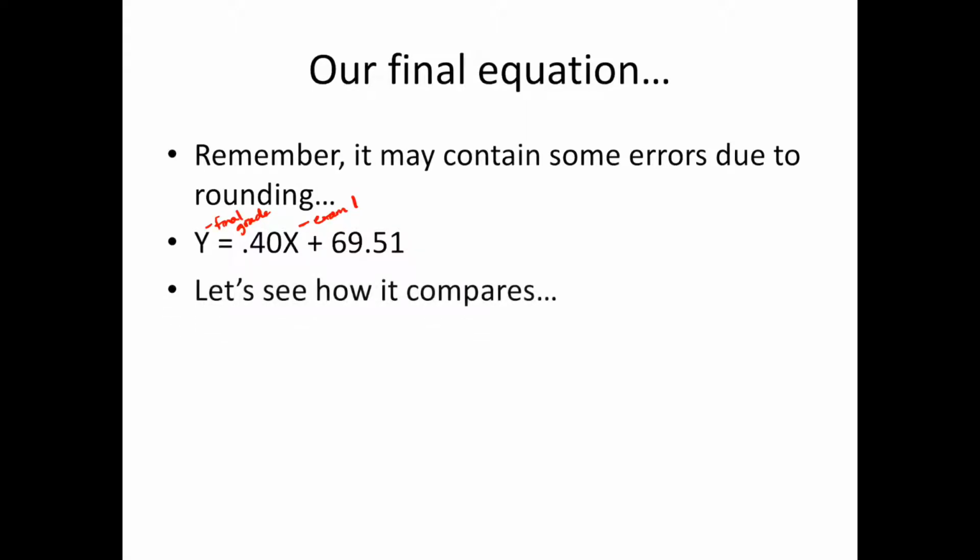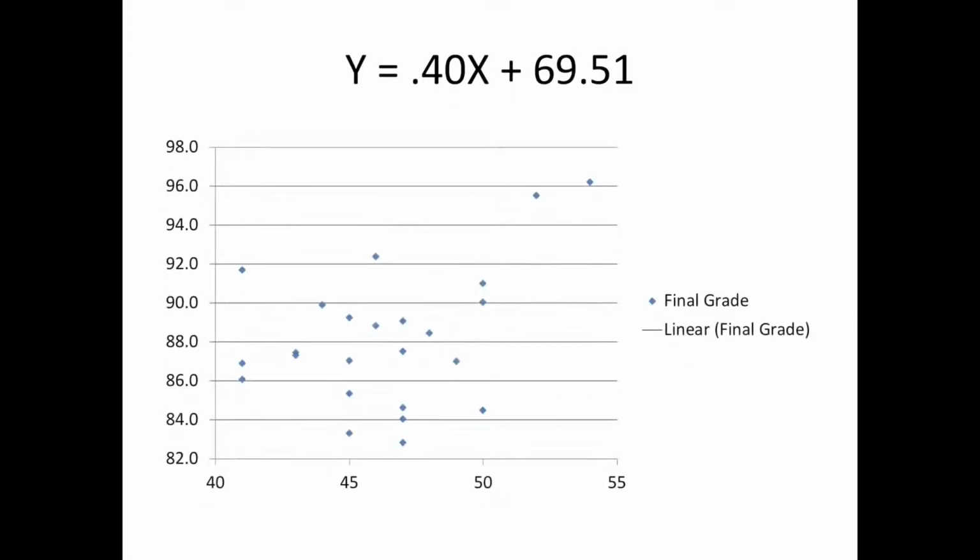So let's see how it actually compares when we have a statistics program like Microsoft Excel calculate the very same thing. So this was ours, this is our estimate, and here's where Excel calculated it. As you can see, not too bad. So we had 0.4, they had 0.4028, we had 69.51, they had 69.517.